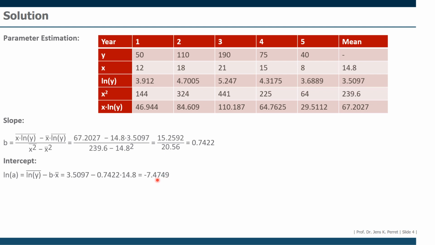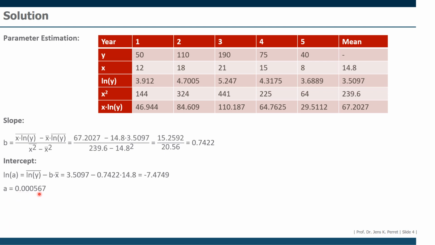7.4749. However, this is ln of a, and for my model in general, I'm going to need the parameter a. So I first have to solve this mini equation for a. Well, solving this for a, I can simply apply the exponential function on both sides, because exponential function and logarithm cancel each other out. If I'm going to do this, I have here a, here I have the exponential function of minus 7 point something.